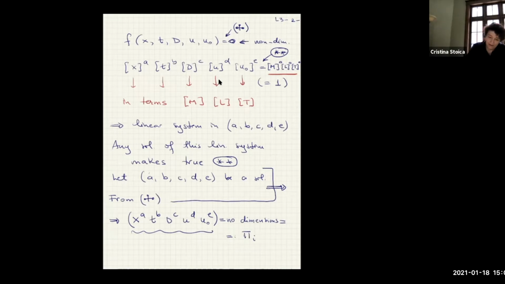So in the previous example, we had two distinct dimensionless quantities.